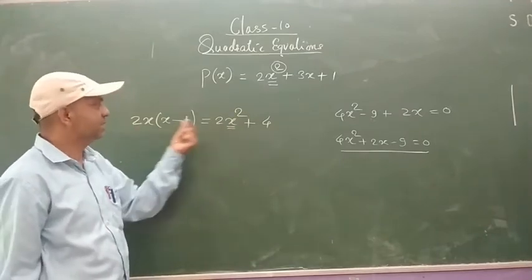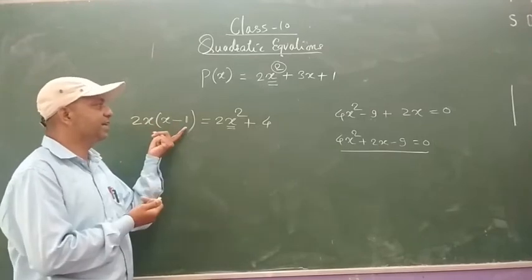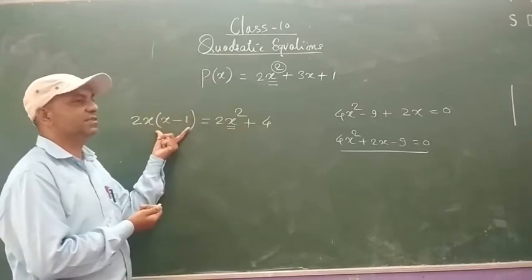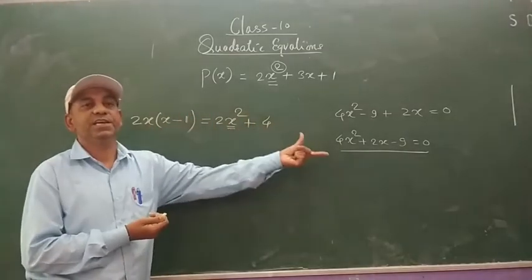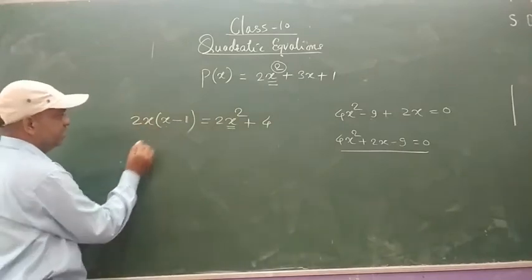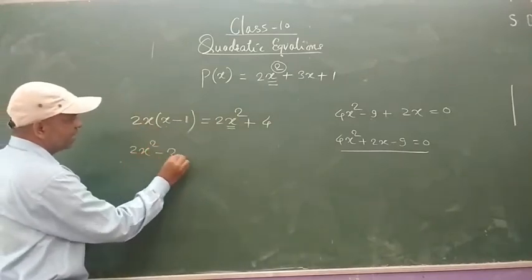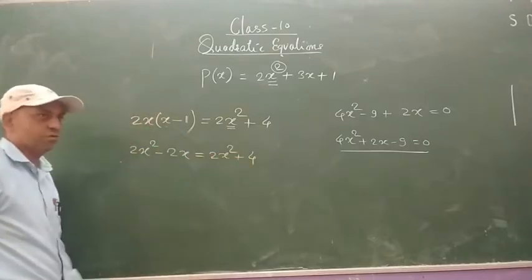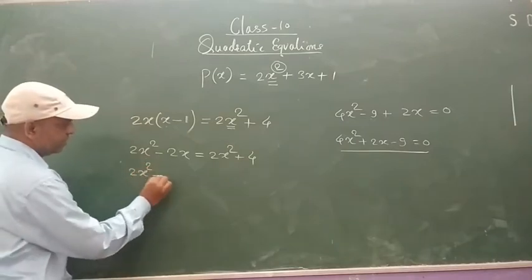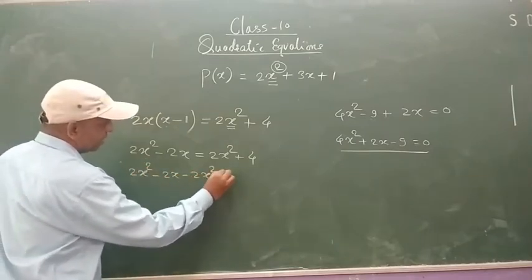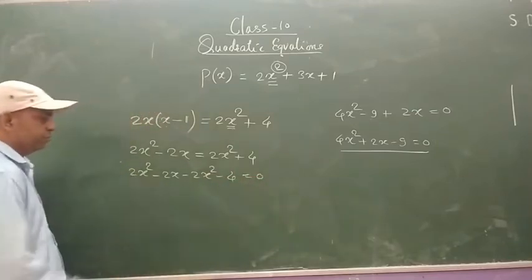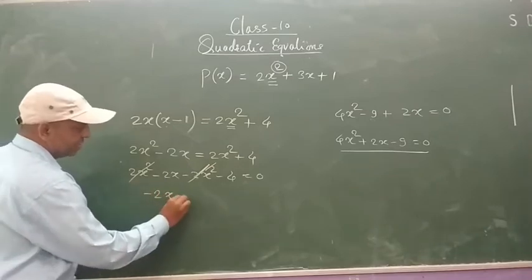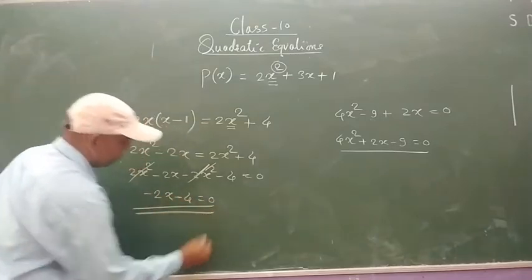But when we simplify it, it does not become a quadratic equation. See here, it is 2x square minus 2x is equal to 2x square plus 4. So 2x square minus 2x minus 2x square minus 4 is equal to 0. The 2x square cancels. So the only equation left is minus 2x minus 4 is equal to 0.